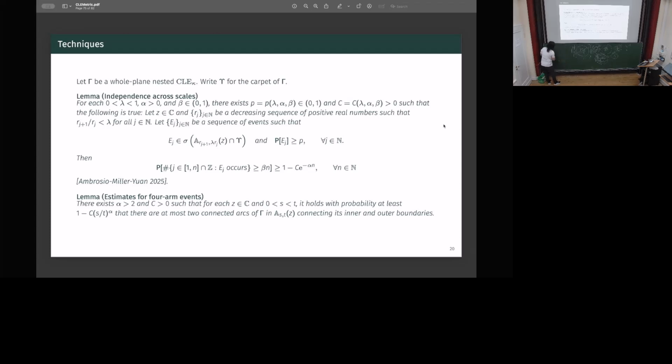And why is this event important? If we have at most 2 arms, for example, if this is a loop and there are no other arms, then we can always find a path in the carpet. This path is a loop.